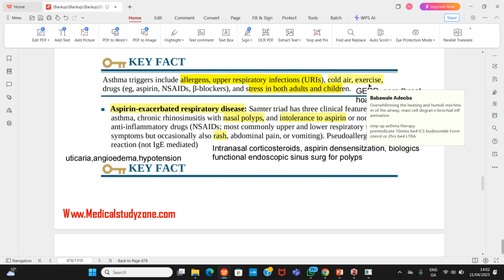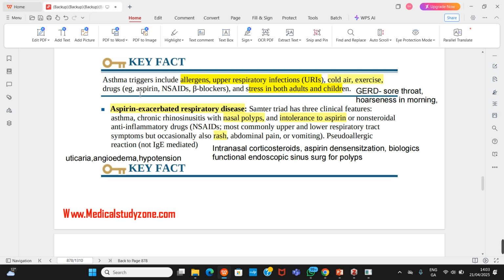Sometimes they can also use the leukotriene receptor antagonist, like montelukast, which they can give about 2 hours before the exercise. Both of them work in the treatment of exercise-induced asthma.